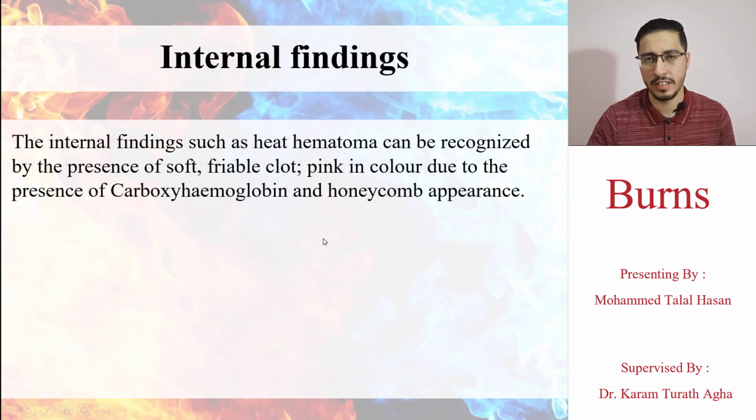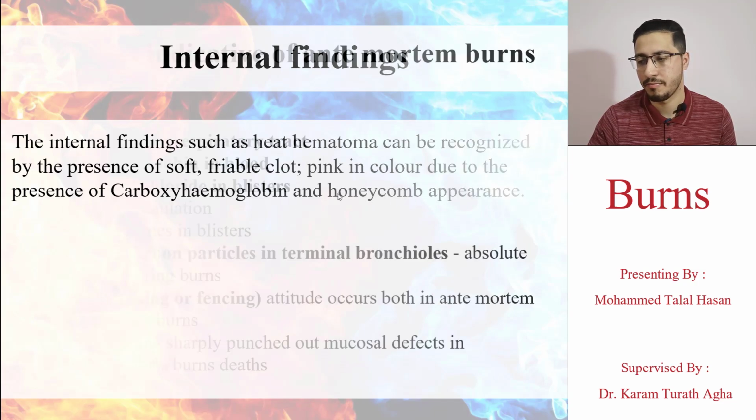The internal findings that we can see, such as the heat hematoma, we'll discuss it before, can be recognized by the presence of soft variable clot, pink in color due to the presence of carboxyhemoglobin, and honeycomb appearance.